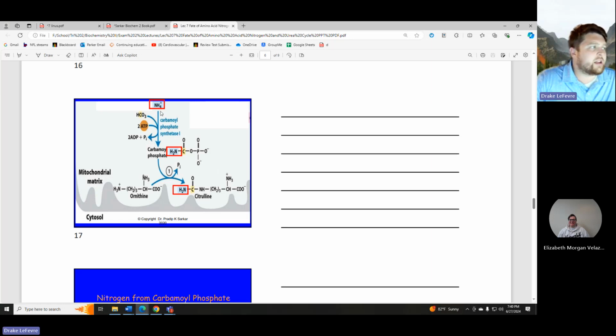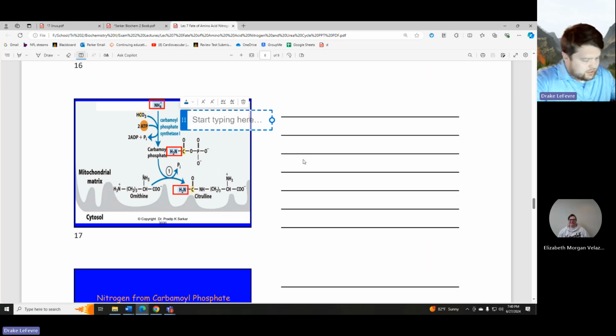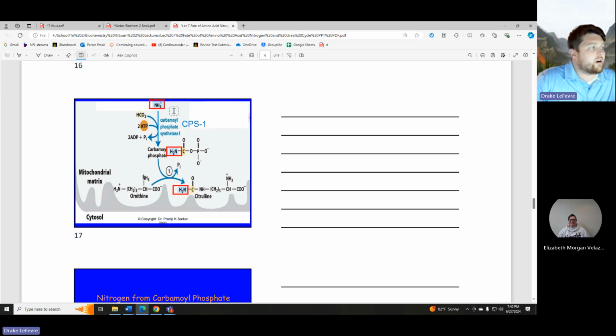We start with our NH4, that ammonium, and we have this carbamoyl phosphate synthetase 1. This is known as CPS1, and that guy is going to convert our ammonium into carbamoyl phosphate, and then we combine it with ornithine to turn it into citrulline.